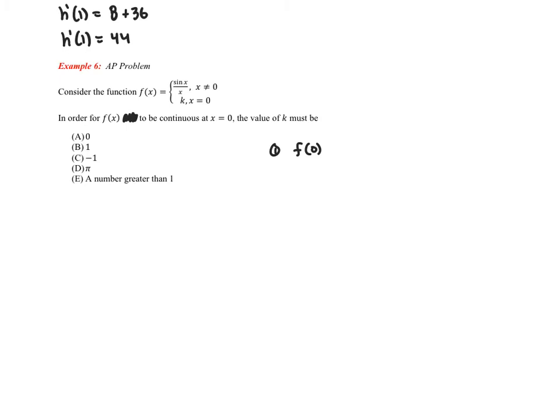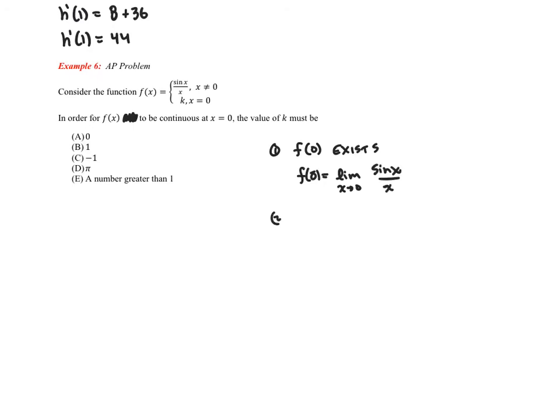I want it to exist. And in order for it to be continuous, specifically, f of 0 has to equal the limit as x approaches 0 of sine x over x.